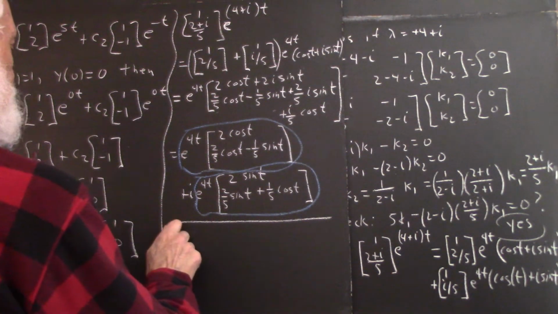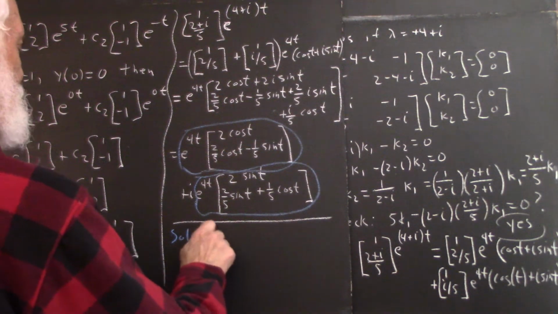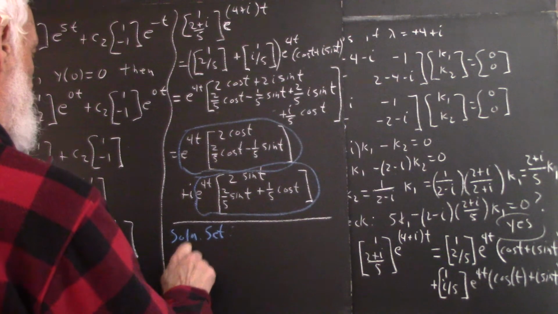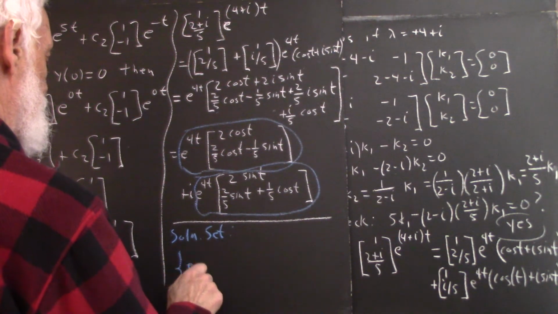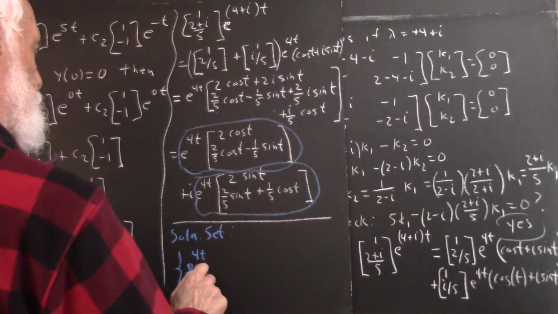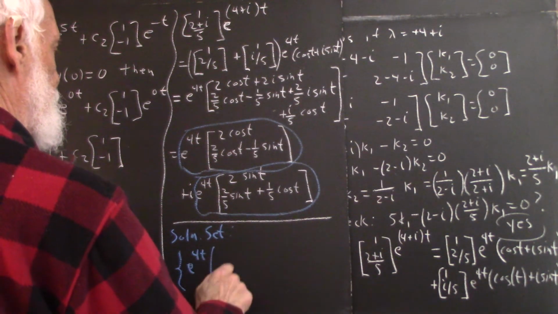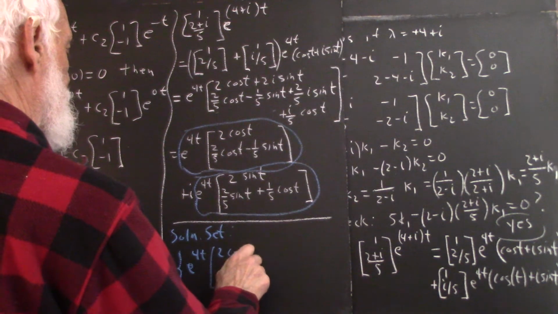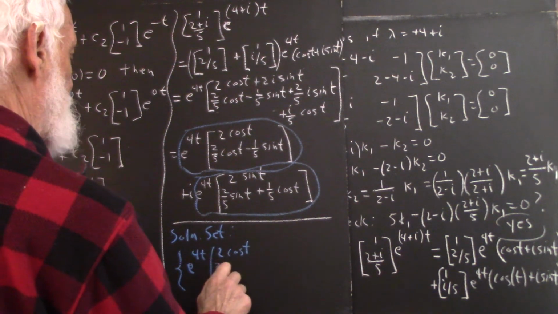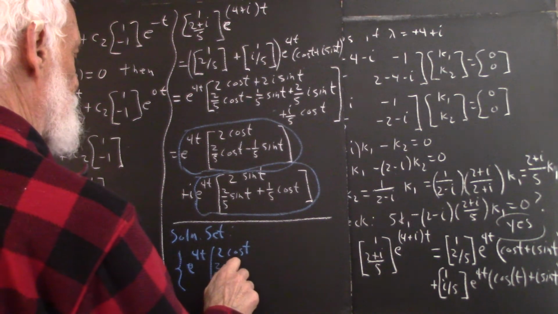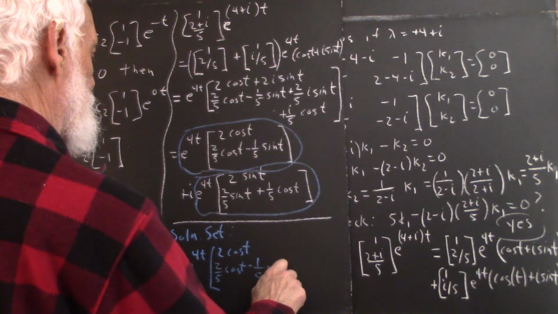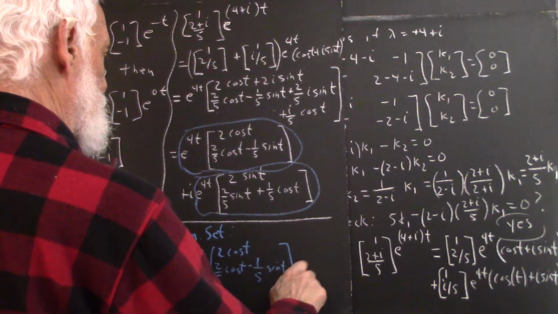So your solution set is e to the 4t times 2 cosine t, 2/5 cosine t minus 1/5 sine t.